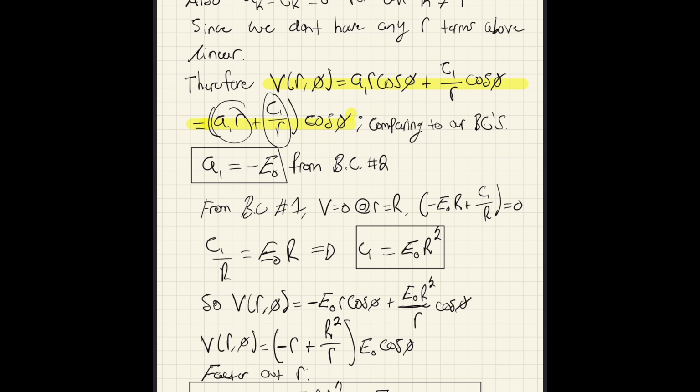And then applying the first boundary condition, the potential is 0 when r is equal to capital R. Just from physical intuition, we have this multiplication here with cosine of phi. The only time that's going to be 0 is when phi is, cosine is 0 at 90 degrees or whatever.